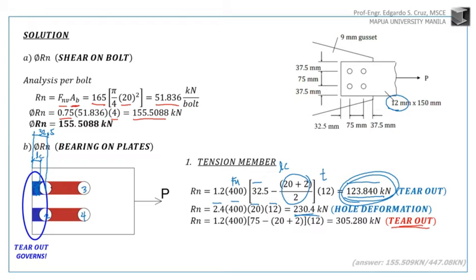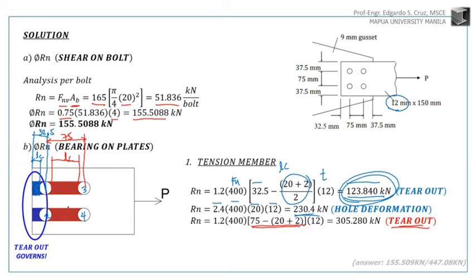From the edge of hole 1 to the edge of hole 3, this is the Lc that we need to use. That Lc is 75 minus D-hole: half of the hole on the left minus half of the hole on the right. The two halves make one whole hole, so 75 minus D-hole. The 75 given is from here to the center of bolt number 3. This is the 75.